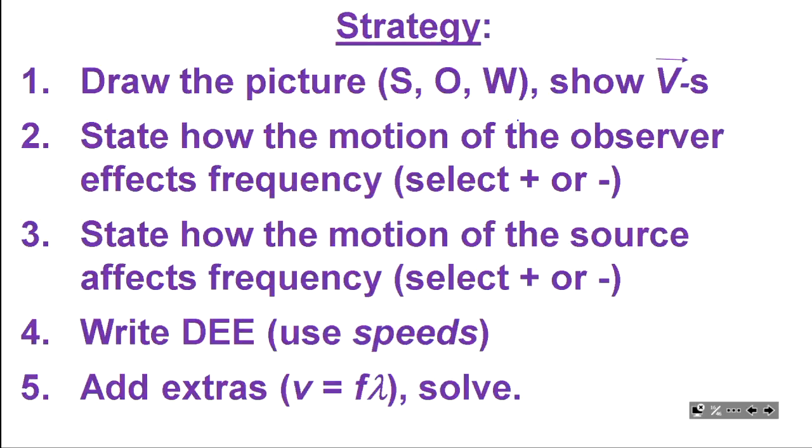Well, for example, we know that the wavelength of the wave depends on the motion of the source. So we can relate the wavelength when the source is at rest with the wavelength when the source is traveling. That's an additional equation.